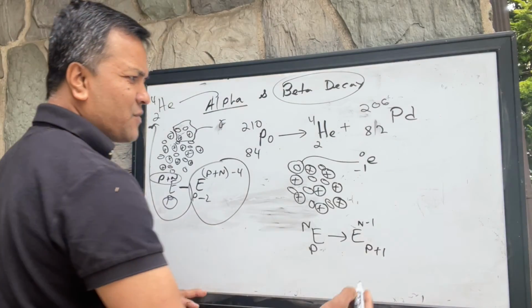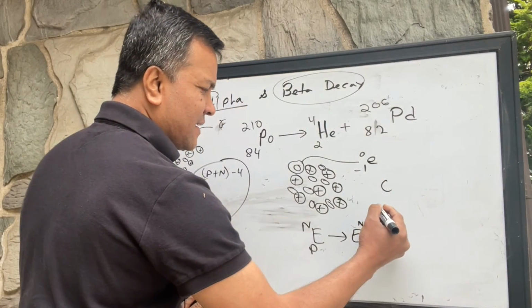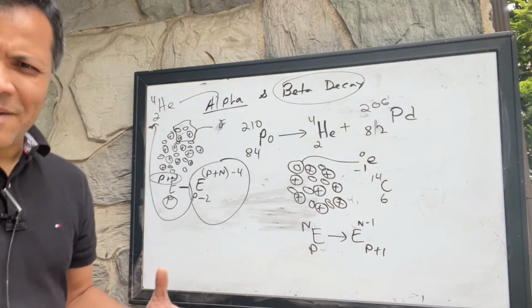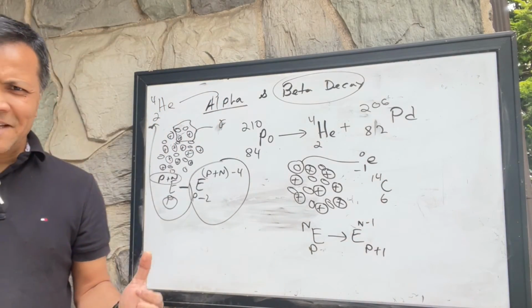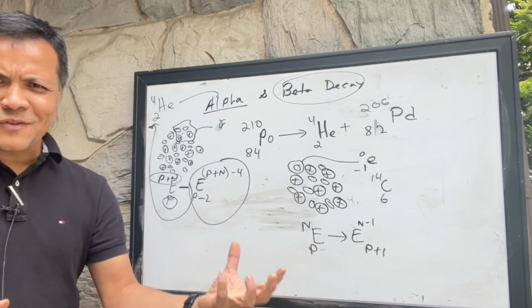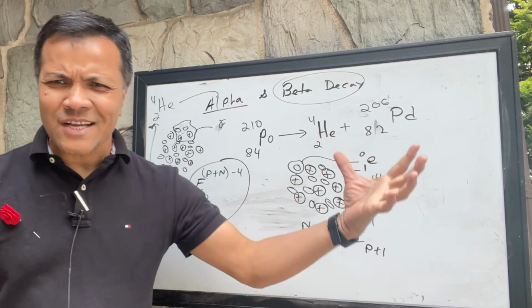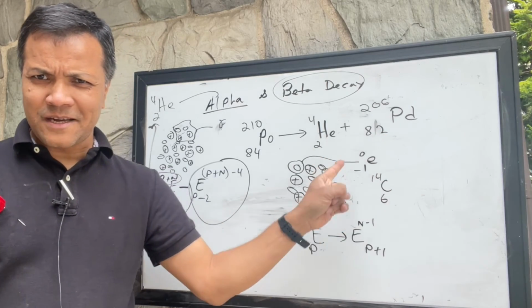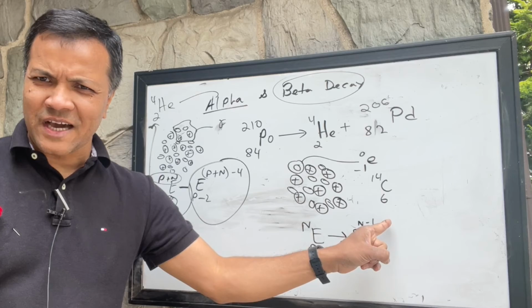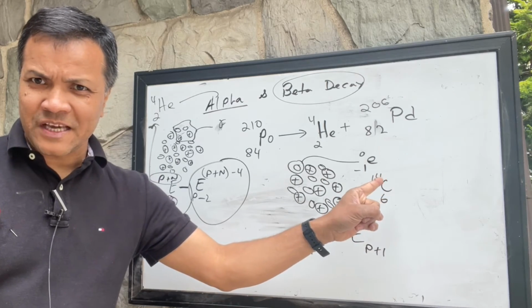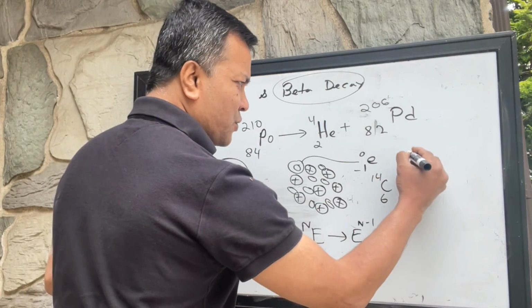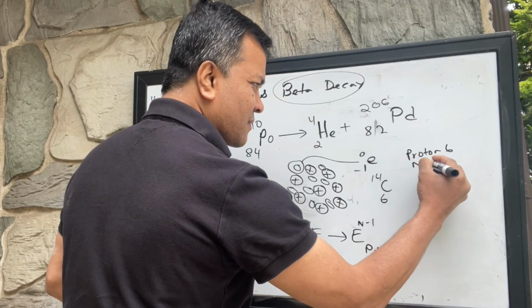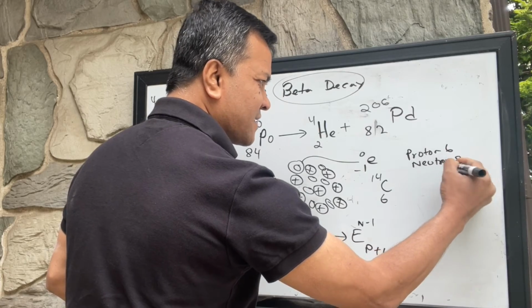So then let me give you an example. Carbon 14. Carbon 14 is not happy. Why is carbon 14 not happy? The number of neutrons is too much. There are 6 electrons in carbon, 6 protons in carbon, and 8 neutrons in carbon. 14.